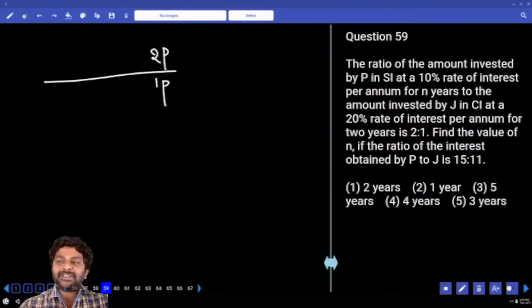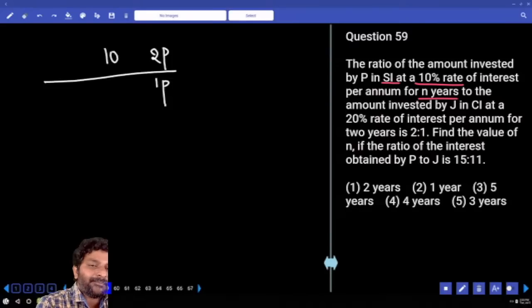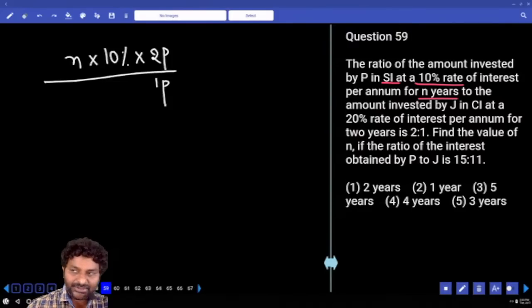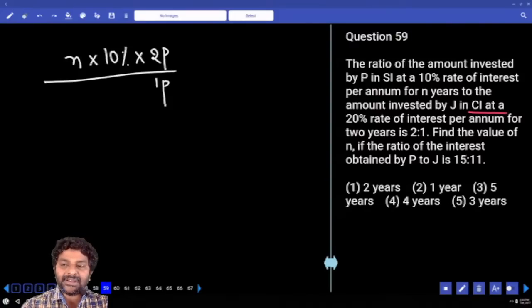First one is invested at simple interest at the rate of 10% per annum for n years. Per year you will get 10% on 2 parts. Like that it is for n number of years. Is it clear? Next. In J, it is invested at compound interest 20% per annum for how many years? How much interest do we get?